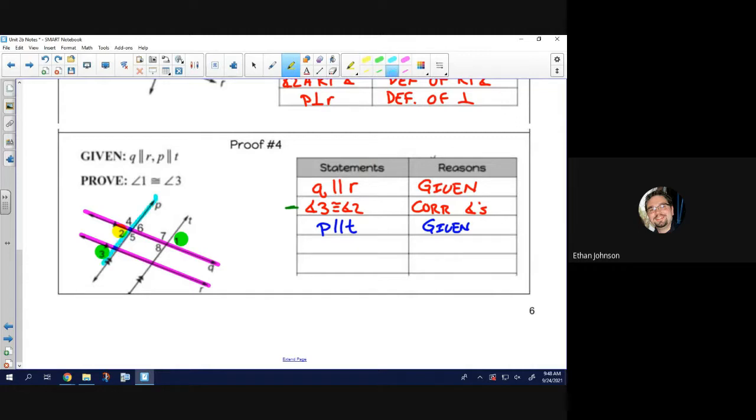Well, here's our parallel lines for that one. 2 and 1 would be congruent because they're alternate exterior angles. So angle 2 congruent to angle 1. Alternate exterior angles.